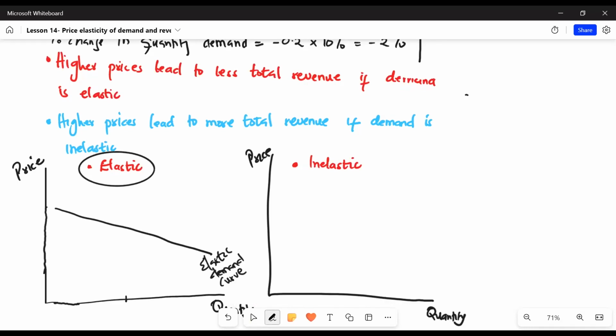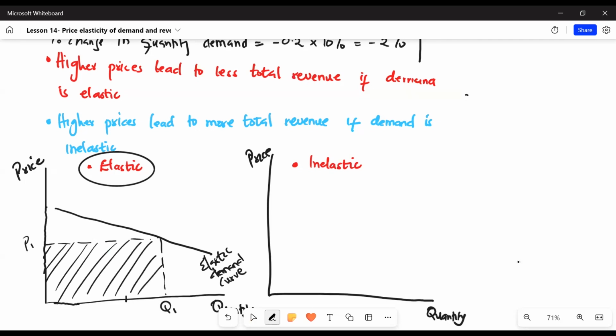Now let's assume that the price of a good is P1 and the quantity demanded is Q1. Total revenue is calculated as the price of a good multiplied by the total quantity demanded. So in this example, this shaded area becomes our total revenue. Let's call this total revenue 1.